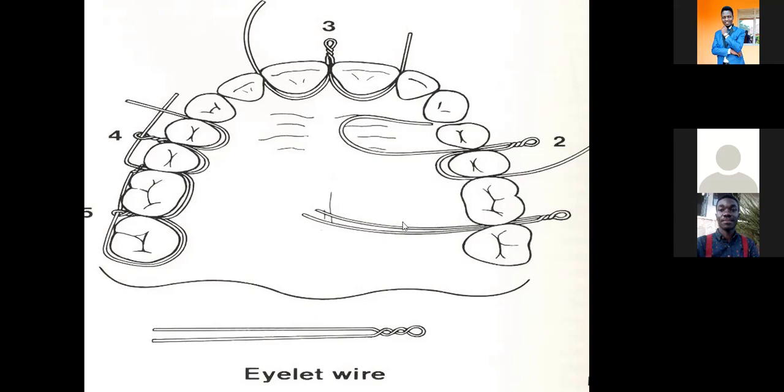This end will pass there. The other end will pass through this eyelet, and you are going to tie them very, very tightly. So when it gets dislodged, it is a sign that it was not done well. When it is done well, it should not be dislodged.